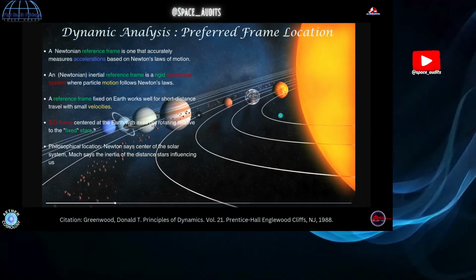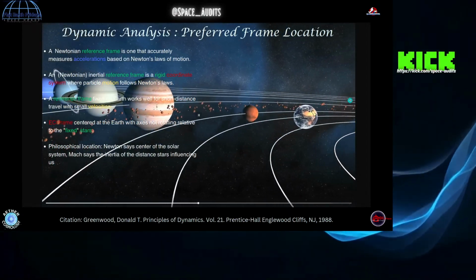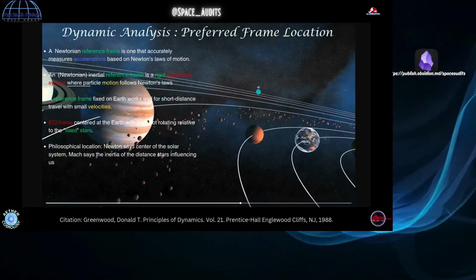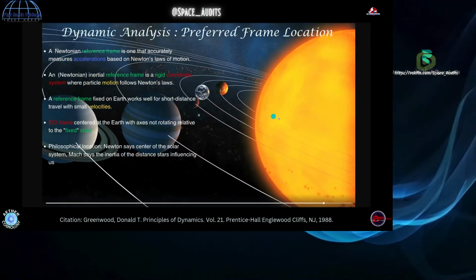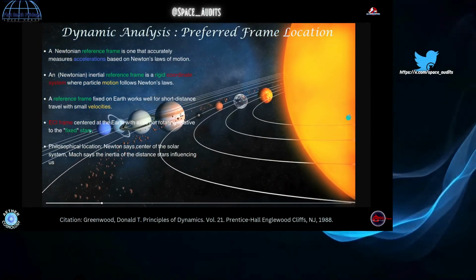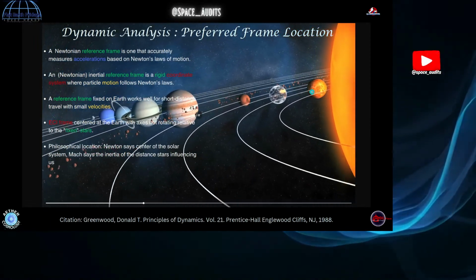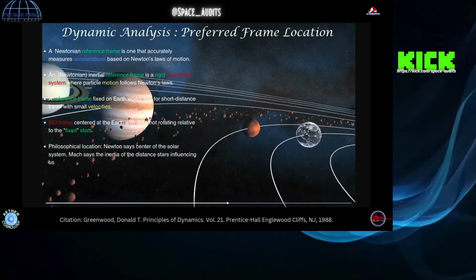Okay, so here we're looking at a cool image of where the potential absolute frame could be. One of these stars, perhaps somewhere back in here, or over here by the sun, not in the center, but close to the center, a little off center. And that's just the philosophy that was put forward by these lads.